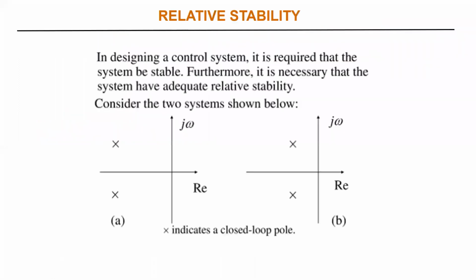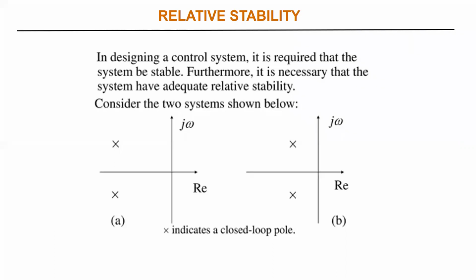If you remember, we said in Routh-Hurwitz, or in general, if I have two systems, where the poles of system B are near the j omega axis, and system A, where the poles are far away from the j omega axis, which system will be more stable? System A, of course, since the poles are far away.